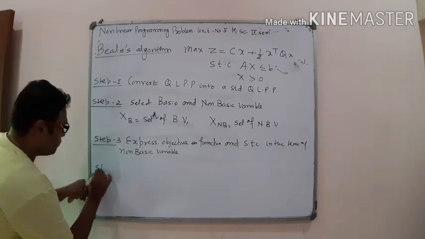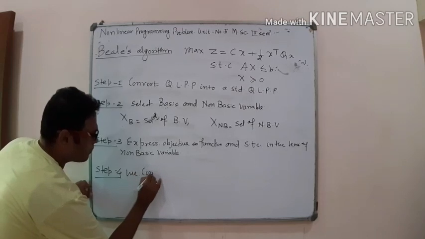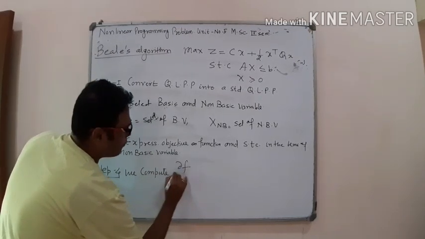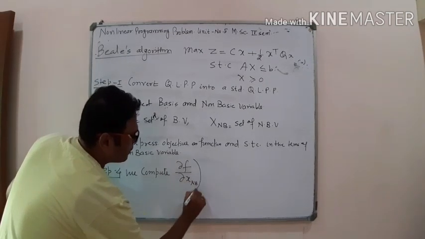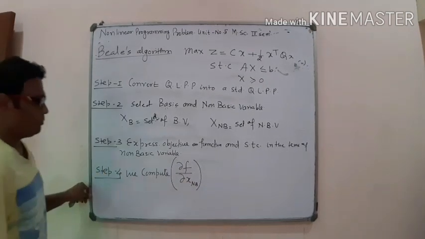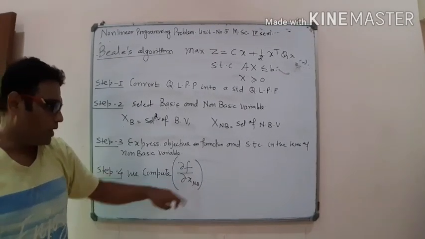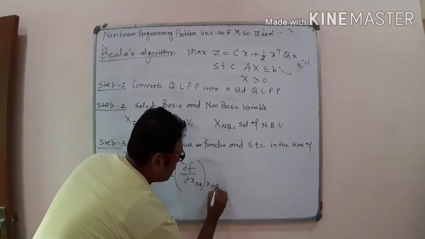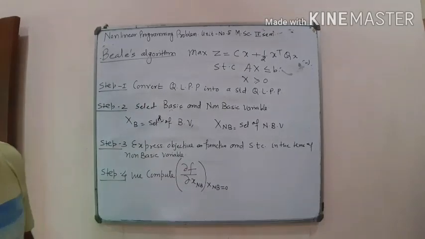In step number 4, we compute the partial derivative of the function with respect to xNB. This is a very important step. We compute the partial derivative del f by del xNB, and we set all the non-basic variables equal to 0.